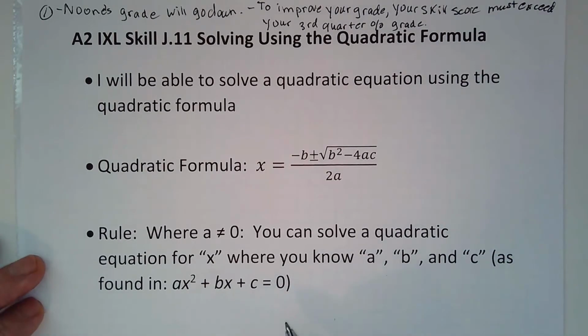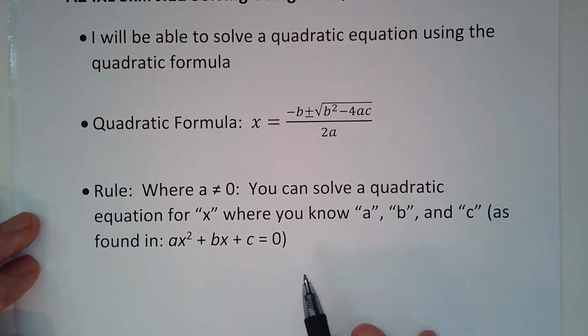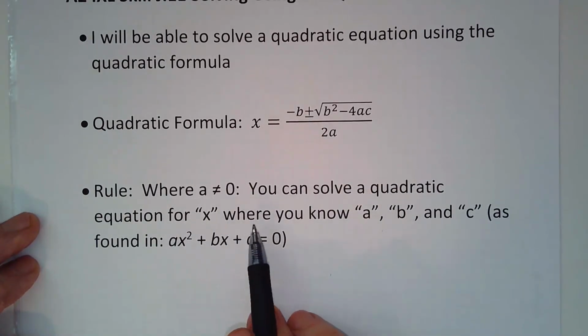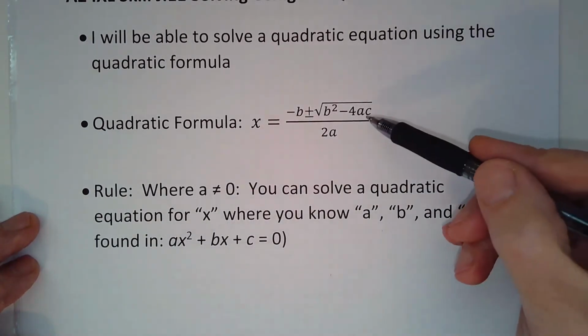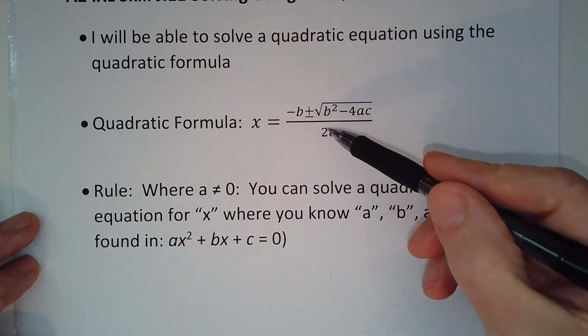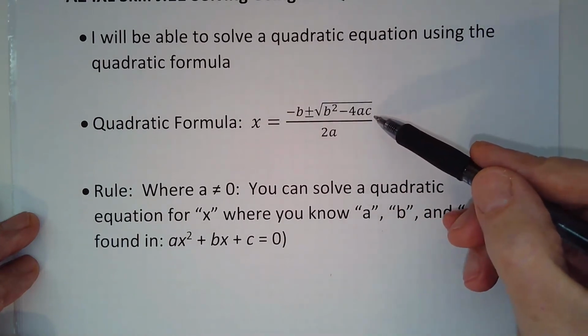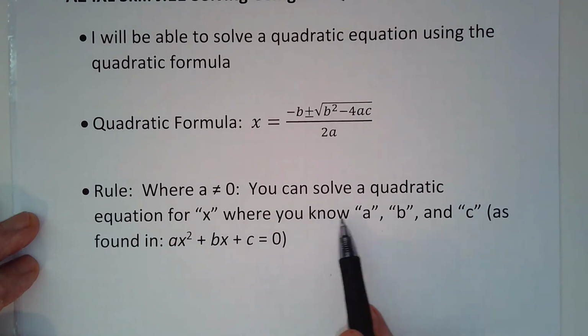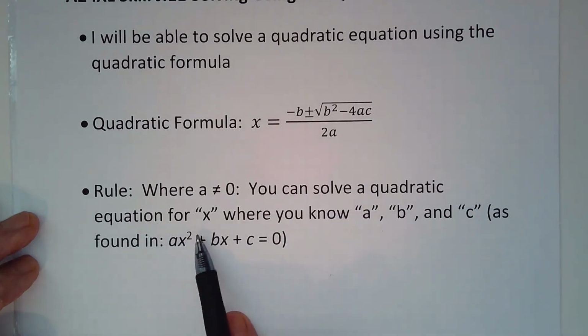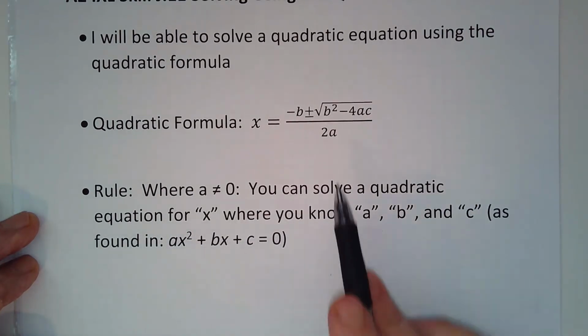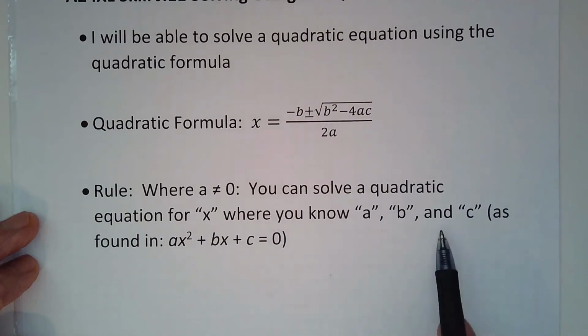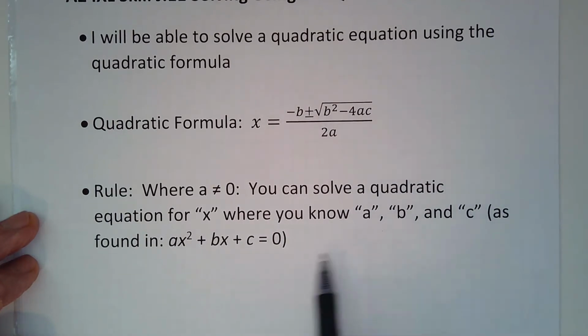Now, the simple rule is where A does not equal 0, and remember, you've got an A here, a B here, and a C over here. Then you can solve a quadratic equation for x, where A, B, and C are as found in the standard form of your quadratic equation, ax squared plus bx plus c equals 0.